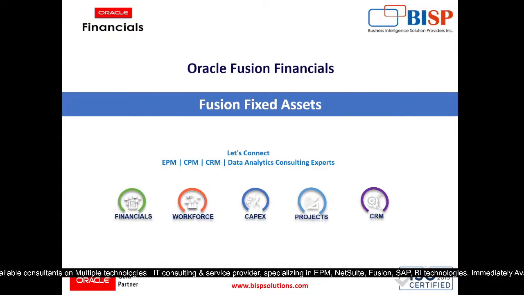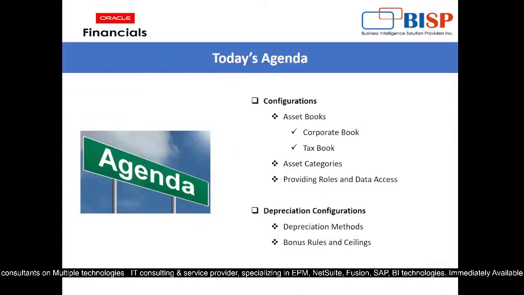That portion we had already covered. Now our today's agenda will be the remaining configurations. First we are covering the mandatory ones, and then we will also visit the optional setups that we can have in place.